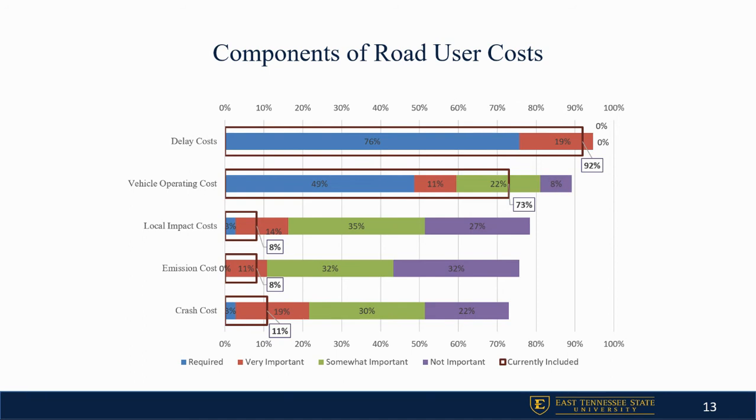In terms of the others, the local business impact, emission cost, and crash cost are considered somewhat important by many respondents, as less than a quarter of the respondents included such components in their road users cost calculation methodologies. This is most likely because of the lack of well-established methodologies and required data to quantify such costs.